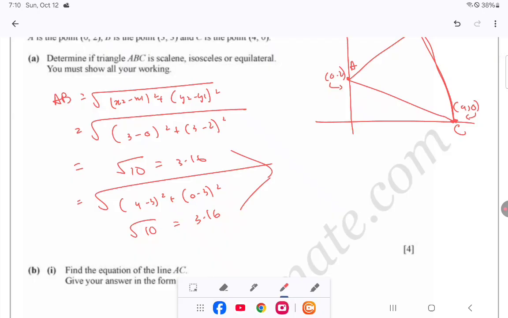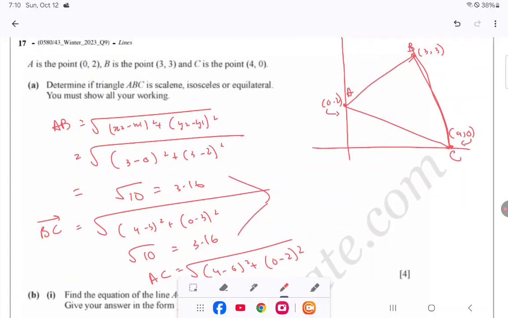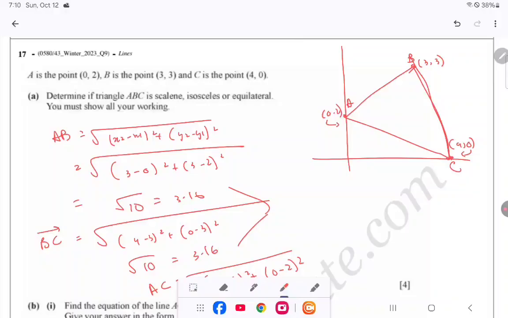In order to find that, we have to calculate the AC: 4 minus 0 squared plus 0 minus 2 squared. It will give you the value of 4.47, which is not equal to 3.16 or root 10. That means only two sides are equal, and this is an isosceles triangle in which two sides are equal.